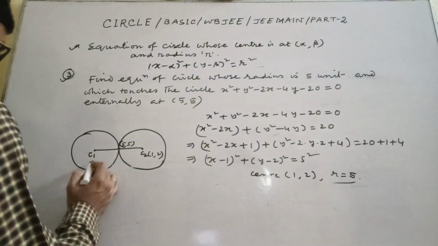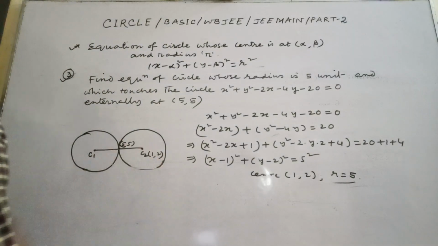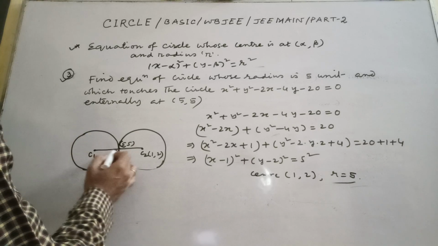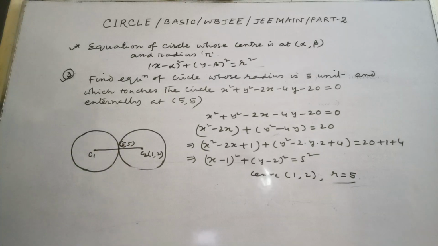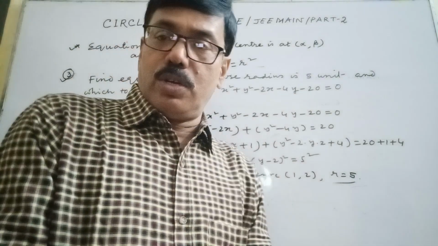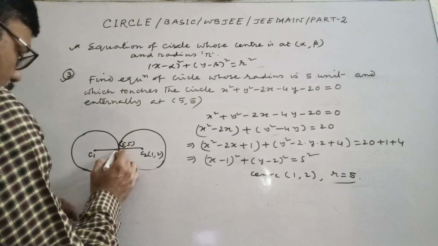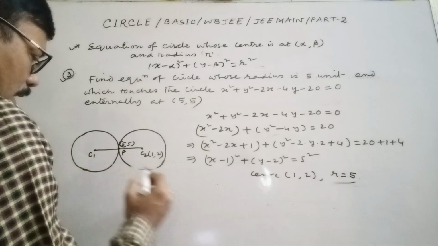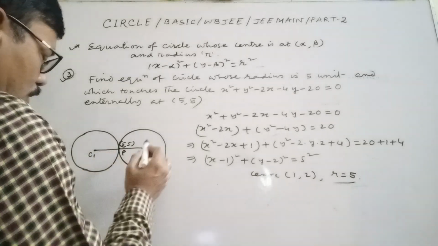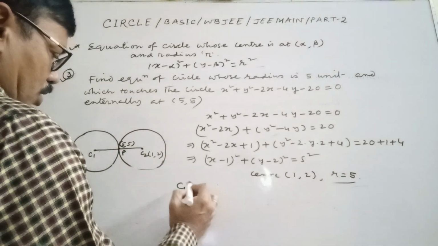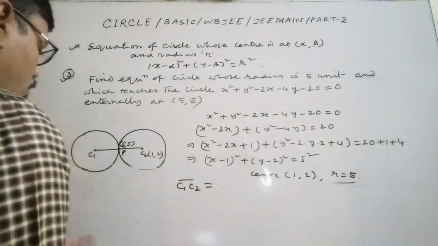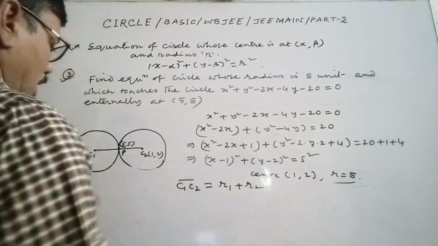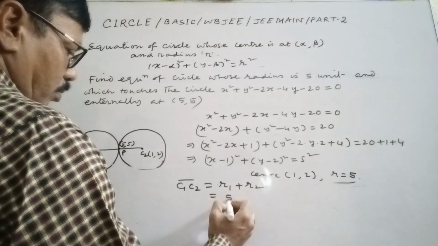Now look, C1, C2 are centers of two circles. We have to find the equation of the circle with center C1. Two circles touch externally. So from a well-known theorem, we know two circles touch if the distance between them, C1C2, equals the sum of radii, R1 plus R2. So both are 5.